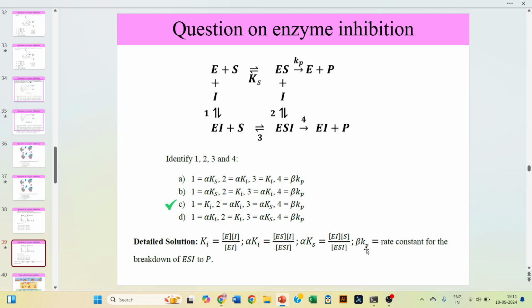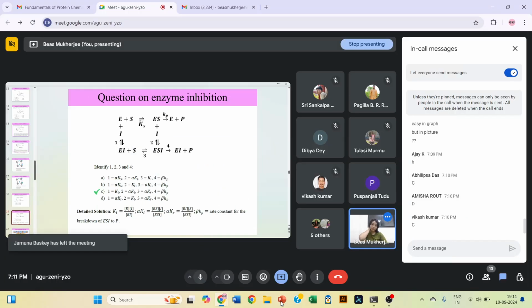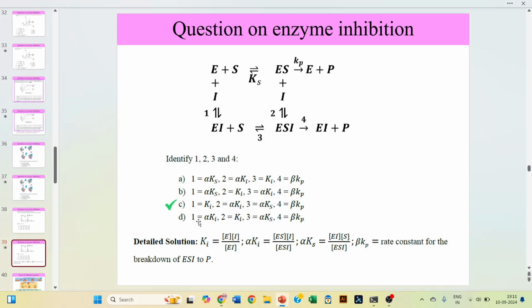And this beta into Kp is the rate constant for the breakdown of ESI to P. When it was ES to P, it was Kp, but then a term beta is introduced when this is the enzyme substrate inhibitor complex, breaking down into the product and enzyme inhibitor complex. So that is the right answer. C is the right answer for this question.